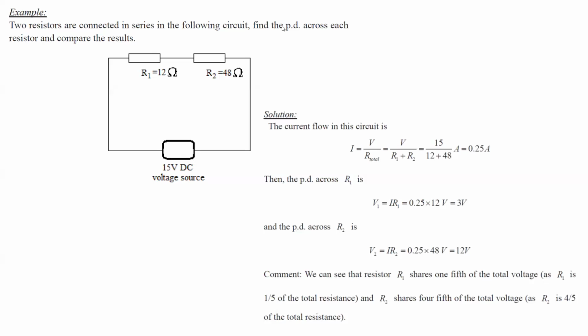Then we have a variable resistor. This is the circuit symbol for a variable resistor. You can use this symbol, or you can also use the other one.